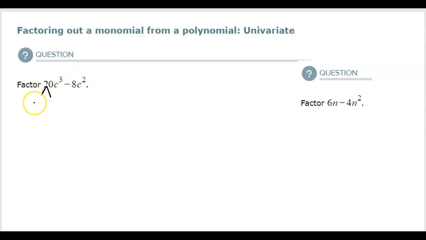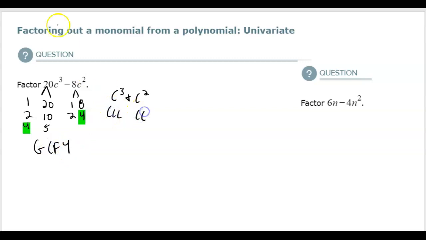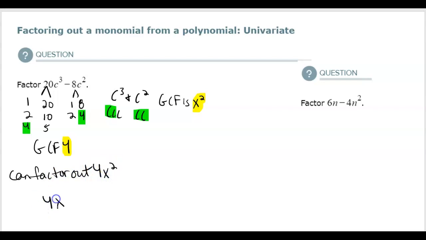So if we go off of our 20 and our 8, and then we have our others, our overall greatest common factor is 4x squared.